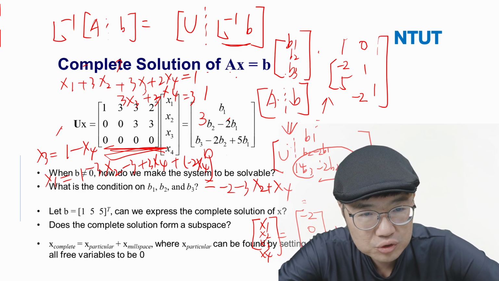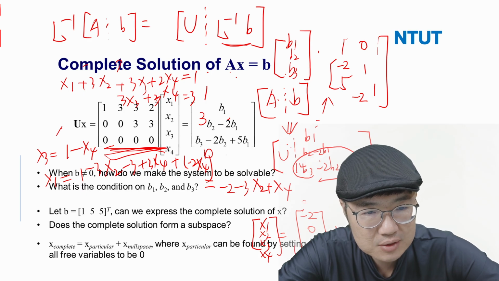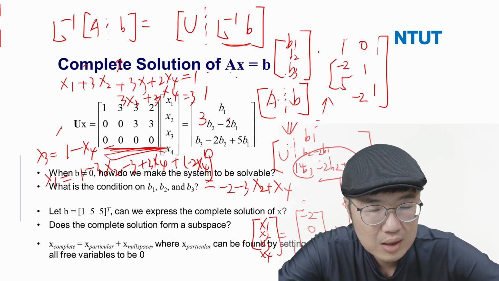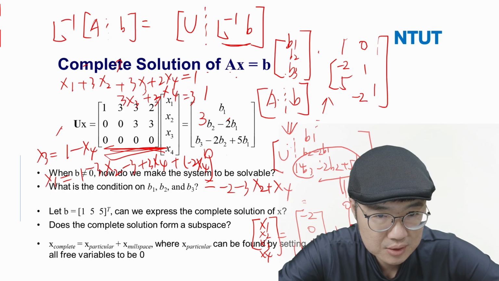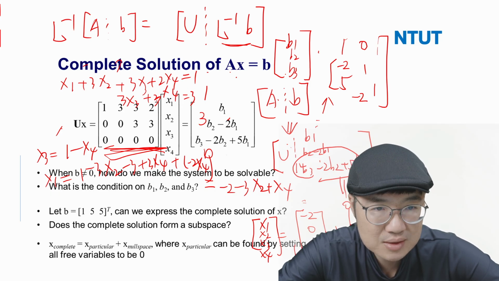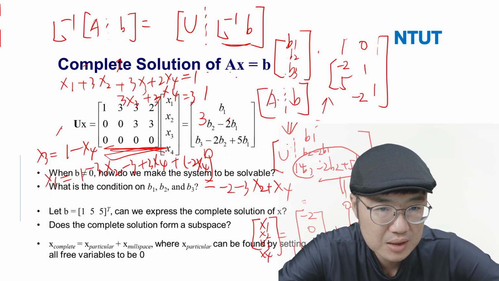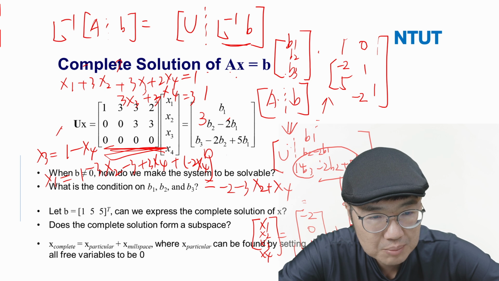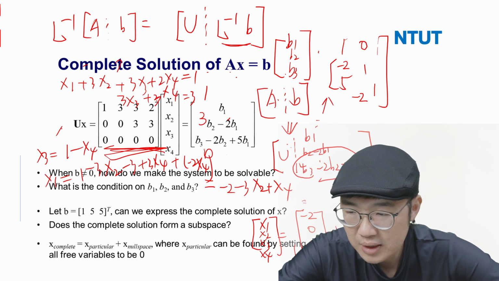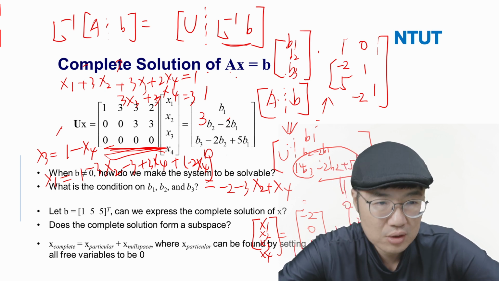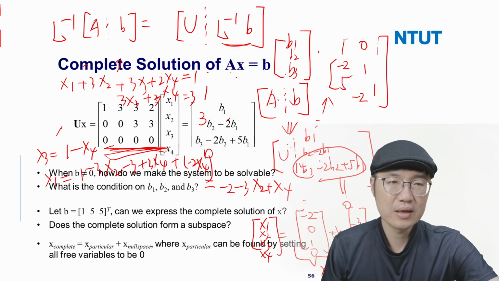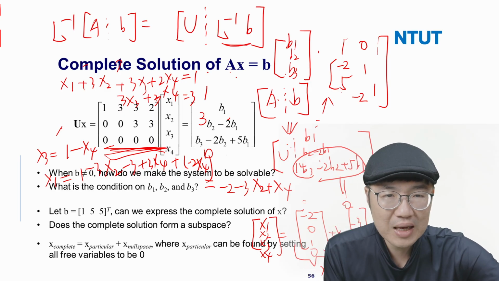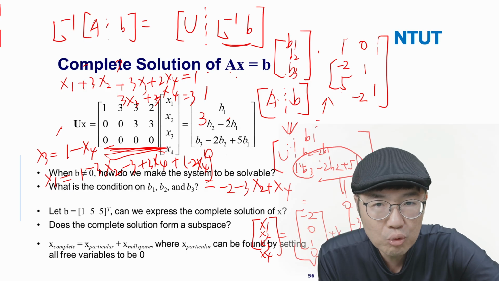The first solution or the first term is further called particular solution because this one exists because of the b 1, 5, 5. The remaining two vectors, this combination is known as null space solution, xn. They are not affected by b. They are always there.